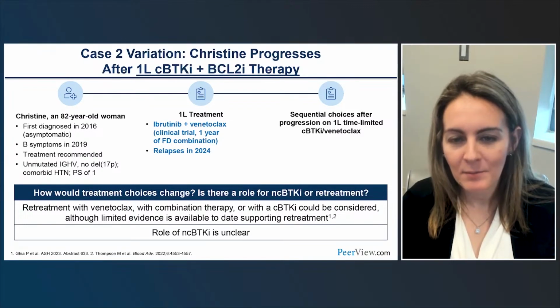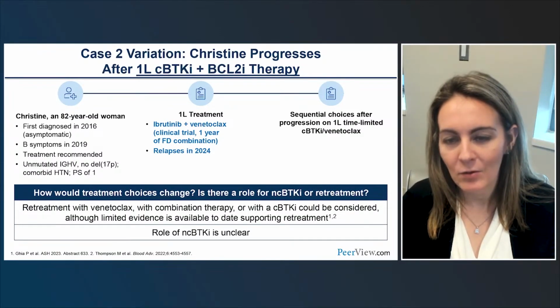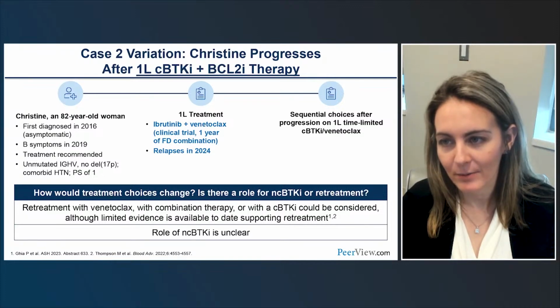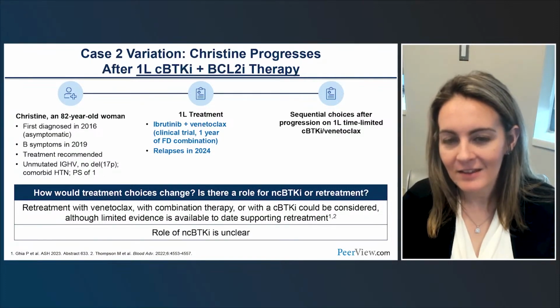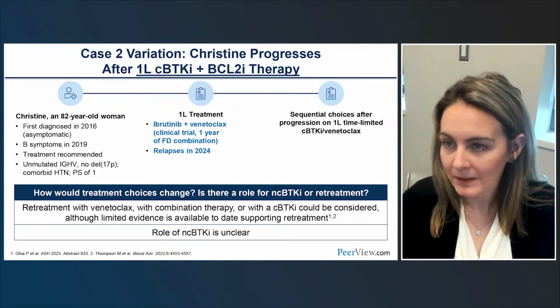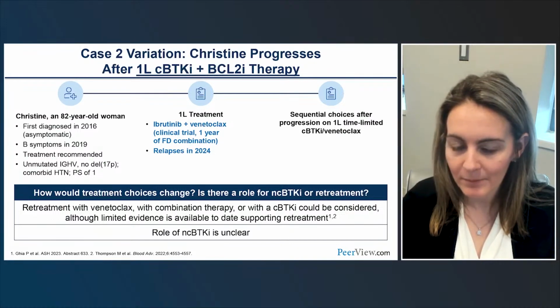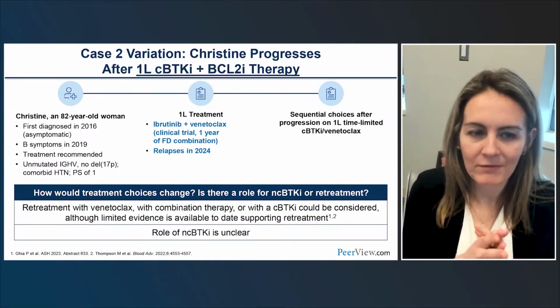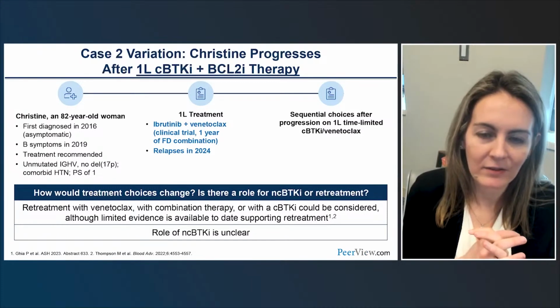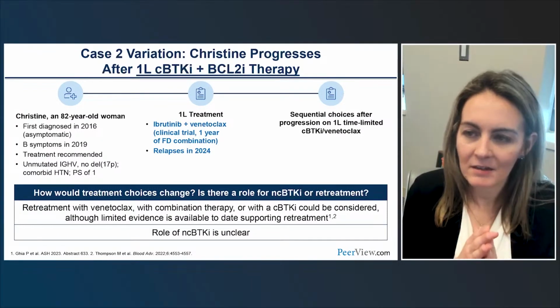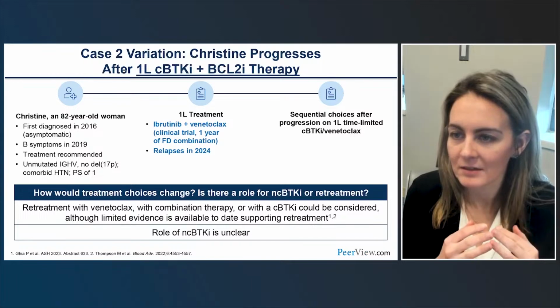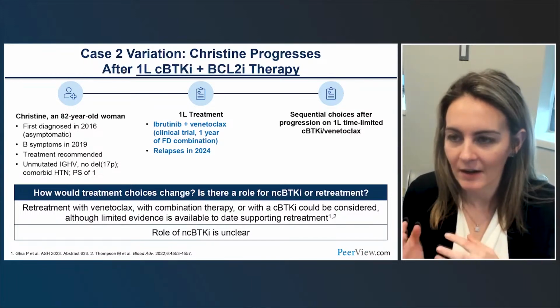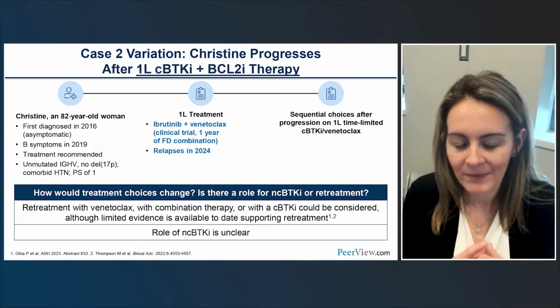I think it's always important to think about why the patient discontinued their prior therapy. In this case, it was because they completed the fixed duration planned therapy. So with that treatment-free remission of about 3 years, we don't really have any reason to think that the patient is resistant to the BTK inhibitor, to venetoclax, or to the combination.